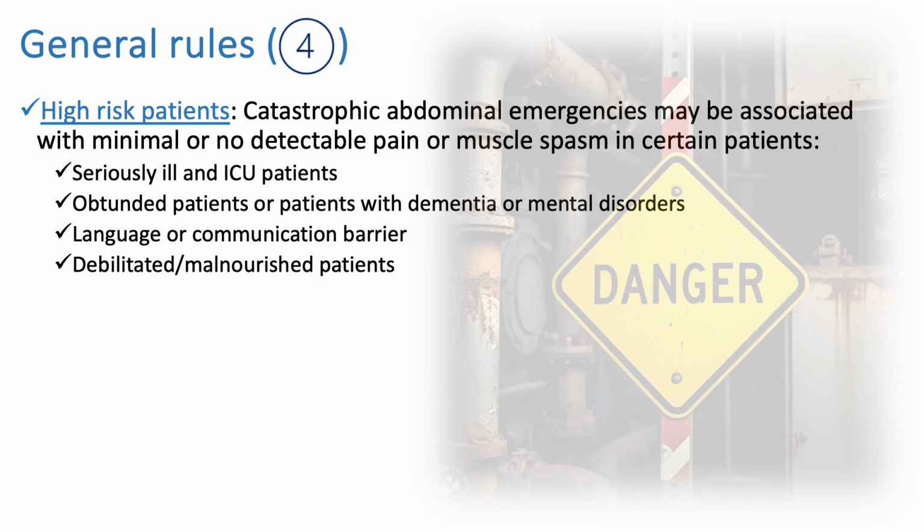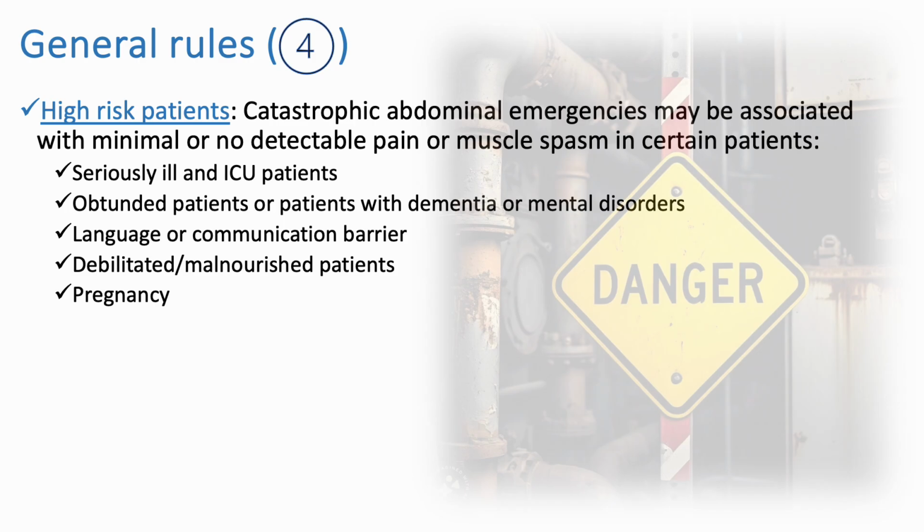Patients who are debilitated, for example, patients with malnutrition, who look chronically ill, might not show you the acute signs of an acute serious cause of abdominal pain. They look chronically ill, so you might not pay attention to their acute presentation. So be careful with them. Obviously, pregnancy.